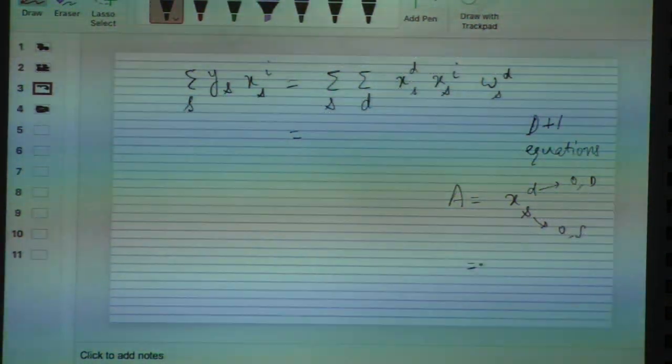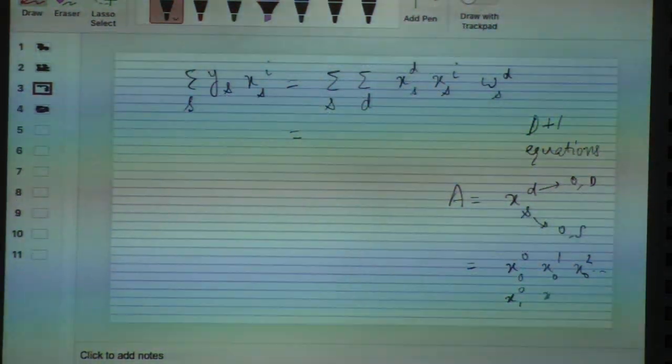A is x0 power 0, x0 power 1, x0 power 2, and so on, and then x1 power 0, x1 power 1, x1 power 2, and so on and so on.